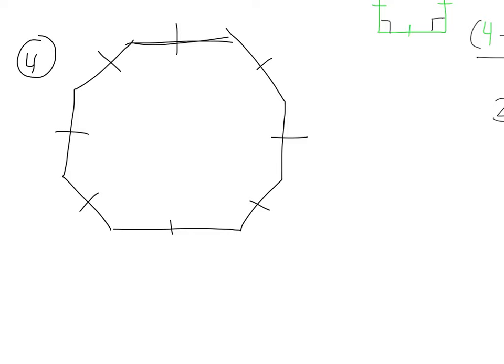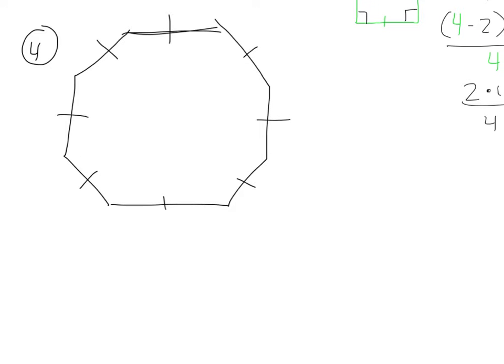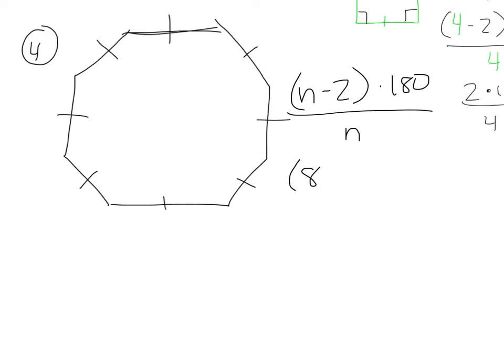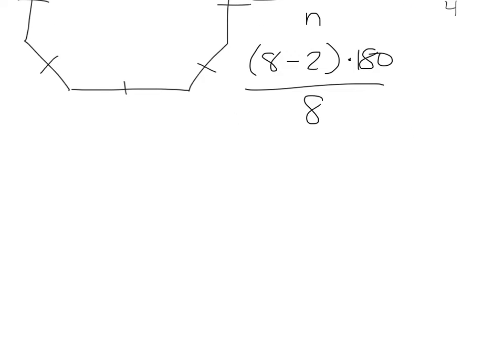All right, so I forgot that side is also the same. So our formula for each individual angle was, again, n, which stands for the number of sides, minus 2 times 180, but we're going to divide that by n. Okay, so we have 8 sides to an octagon, so 8 minus 2 times 180 divided by 8, okay? So let's see, that's like saying 6 times 180 divided by 8.